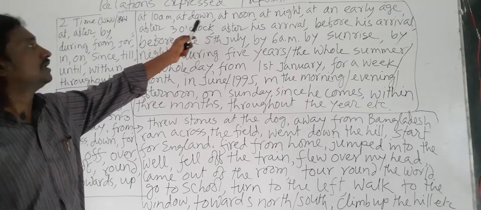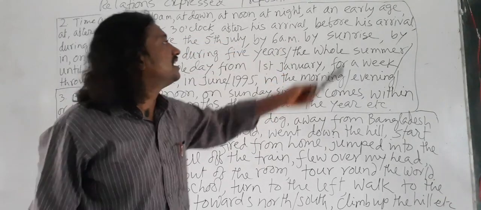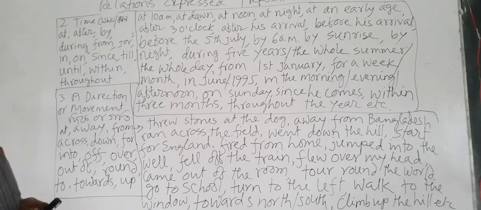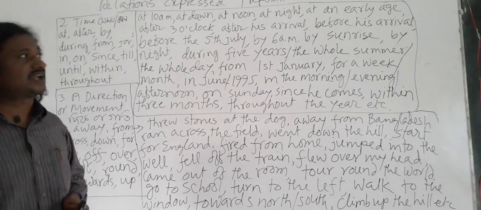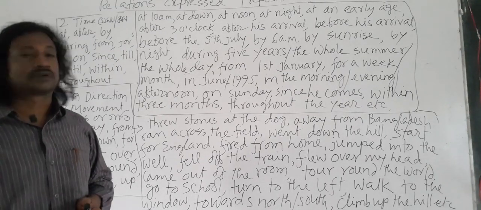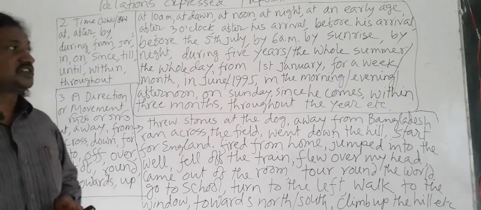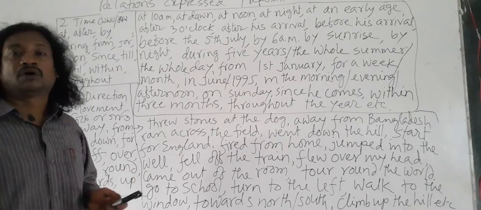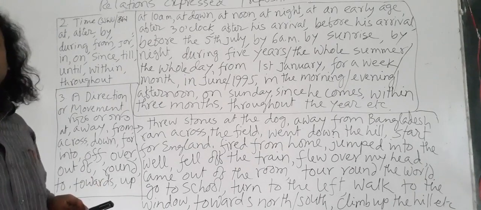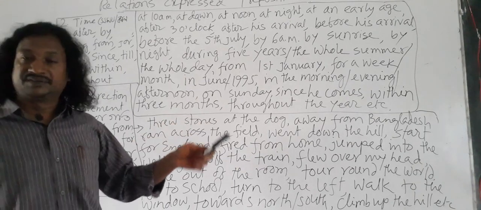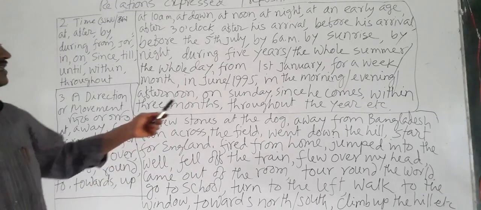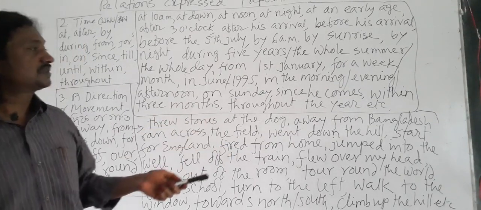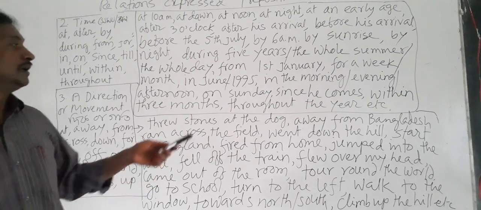Dawn means early morning. At noon, at night, at an early age, after 3 o'clock, after his arrival, before his arrival, before the 5th July, by 6 a.m., by sunrise, by night, during 5 years, the whole summer or the whole day, from 1st January, for a week or month, in June or in 1995 or 2000, etc. In the morning, evening, or afternoon, we use in. On Sunday, any day, we use on. Since he comes, within 3 months, throughout the year, etc.